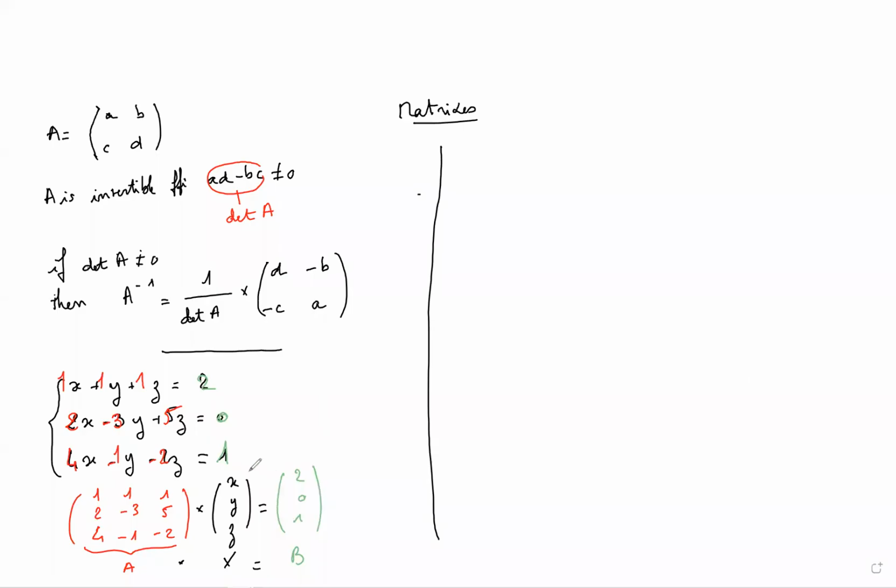The reason why checking that a matrix is invertible and knowing how to compute its inverse is very important is to solve parallel equations like that.